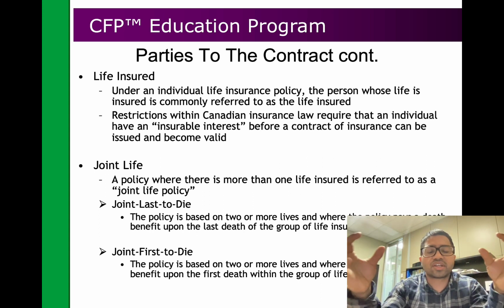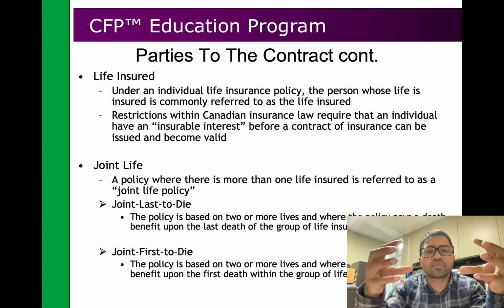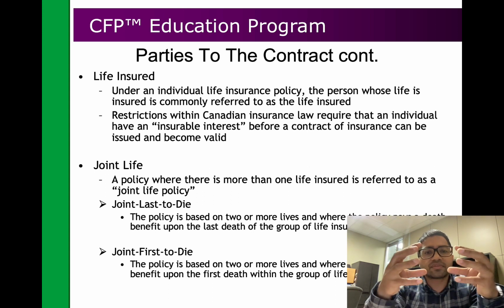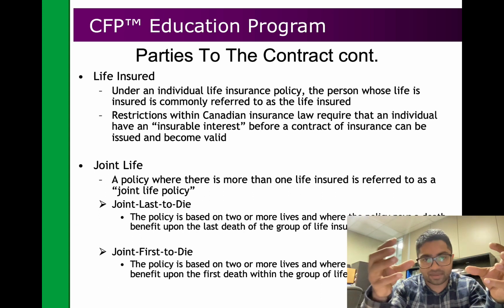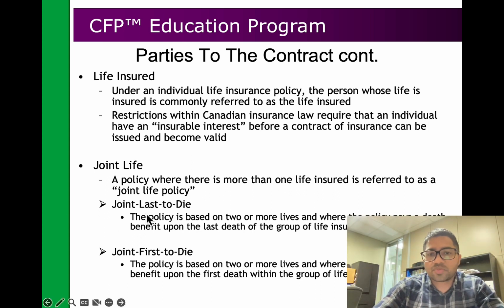If it is a joint last to die policy, both husband and wife are insured, but joint last to die means when both of them die, then the policy will pay out proceeds. This policy is based on two or more lives, where the policy pays a death benefit upon the last death. So both of them need to die, and in that case only the proceeds will be paid.